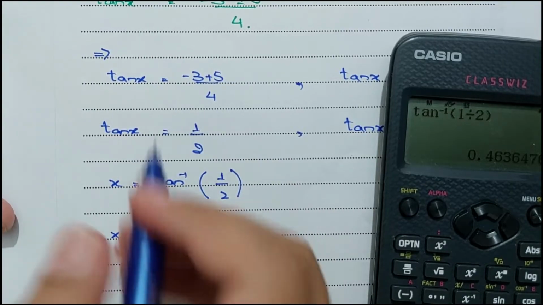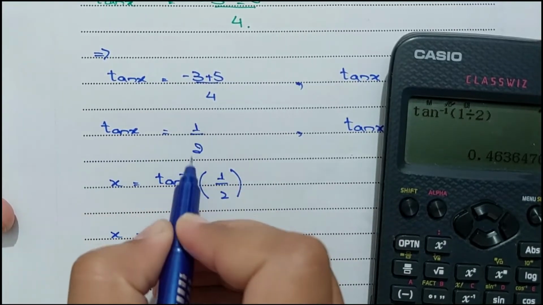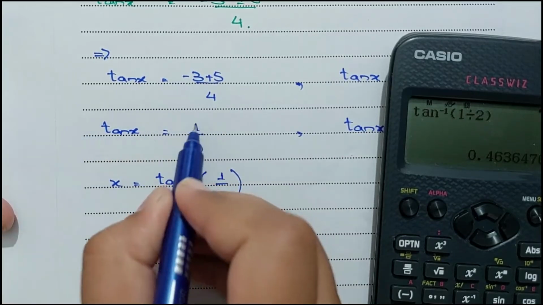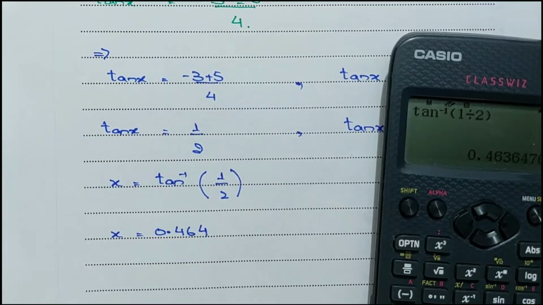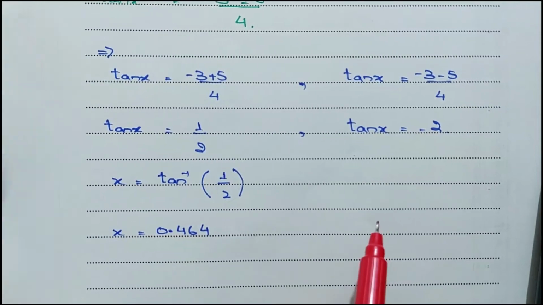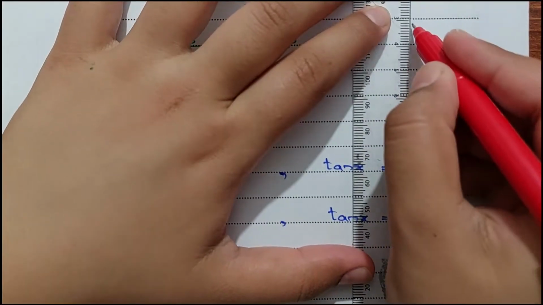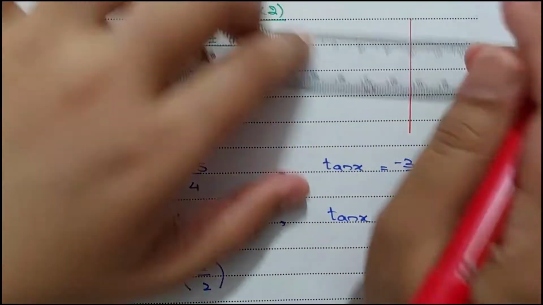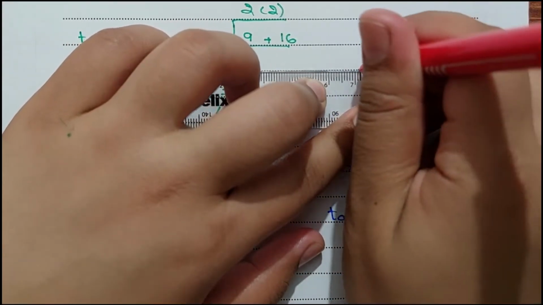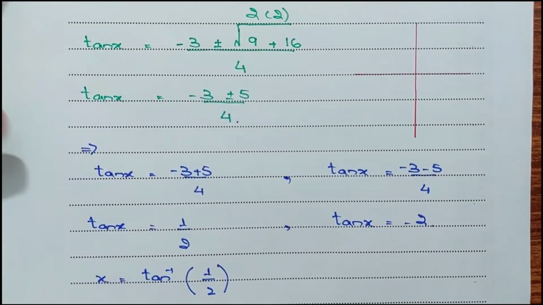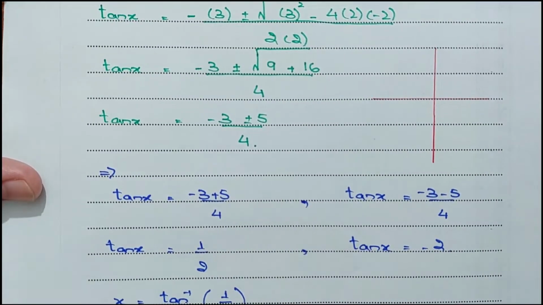And from this equation we can see tangent of x is 1 by 2. Here tangent is positive, so we have to check in which quadrant tangent is positive. Let me draw this over here. In which quadrant tangent is positive and in which it is negative.